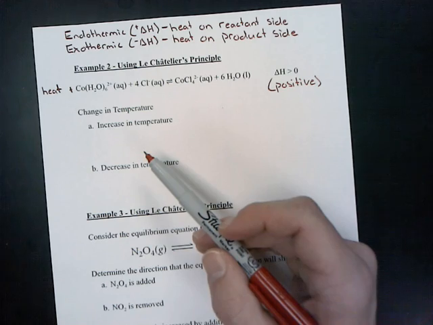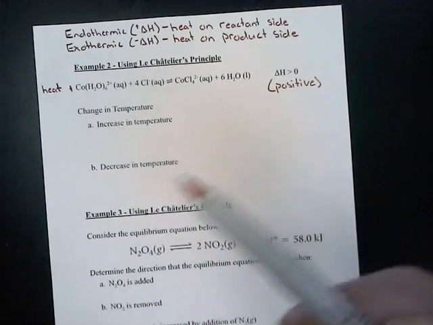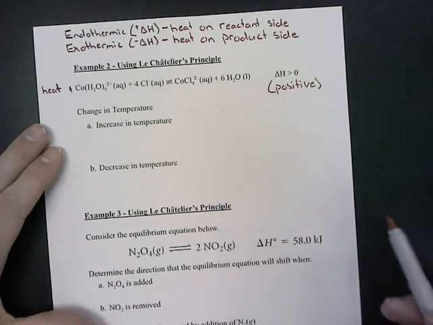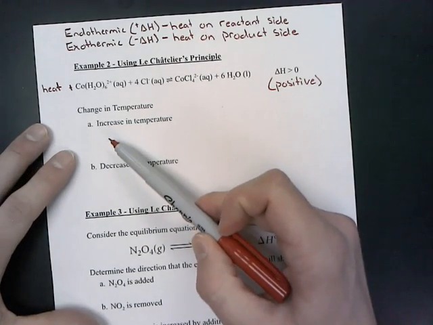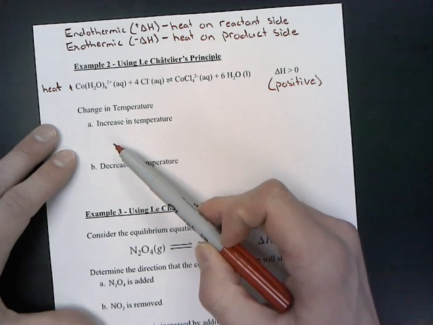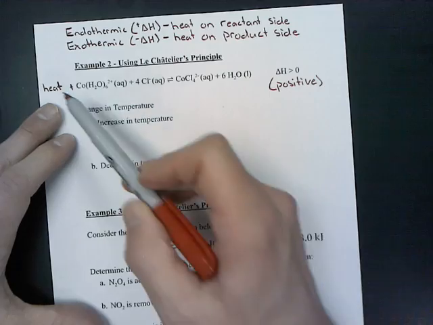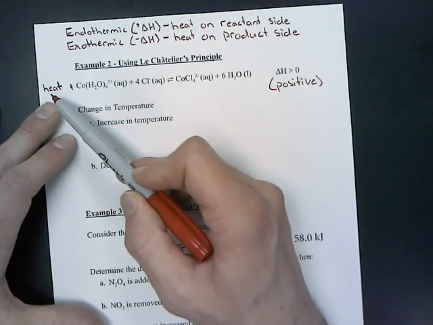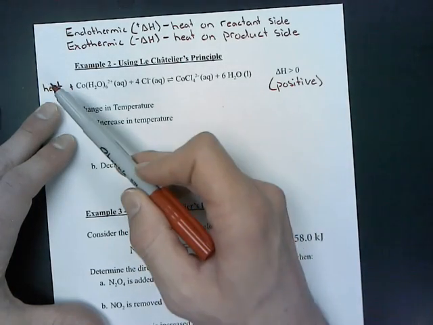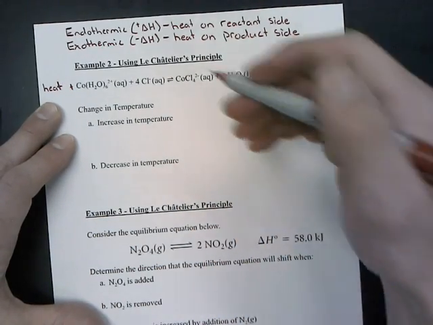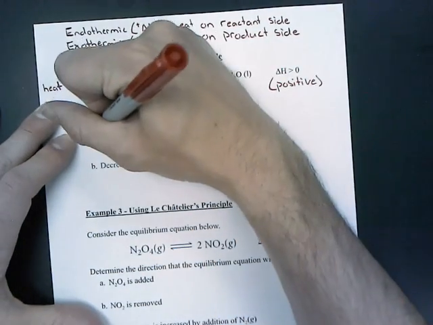So if we increase the temperature, the equilibrium statements that we went over last page said if heat is increased, the equilibrium will shift to the opposite side that needs heat. So because heat is over here on the left and we increase heat, it shifts to the opposite side, which means this will shift to the right.